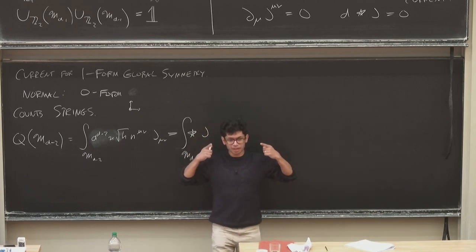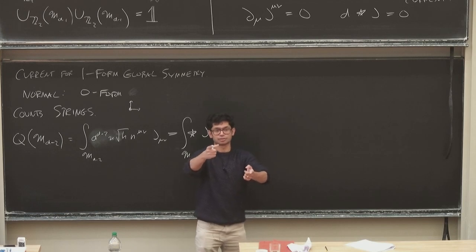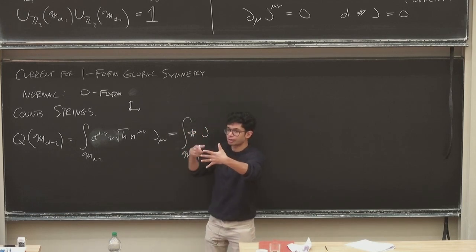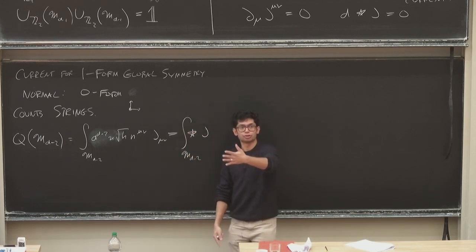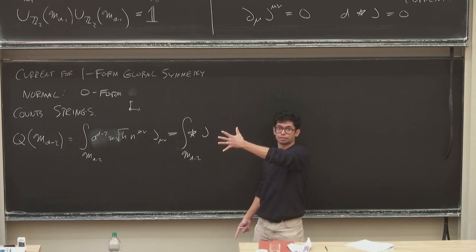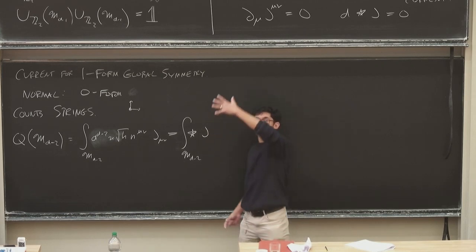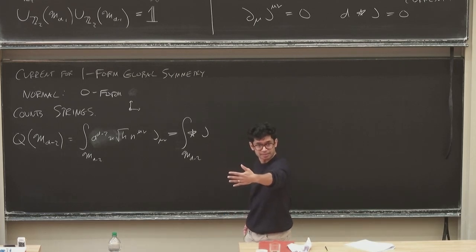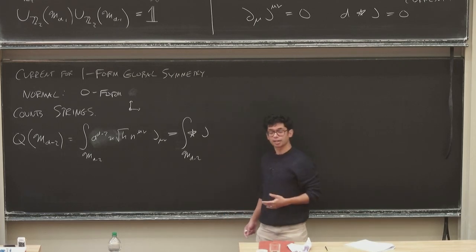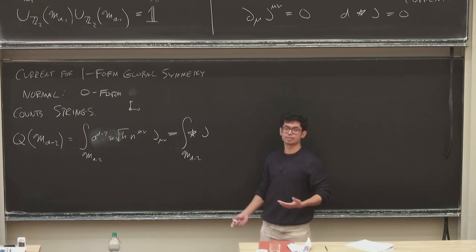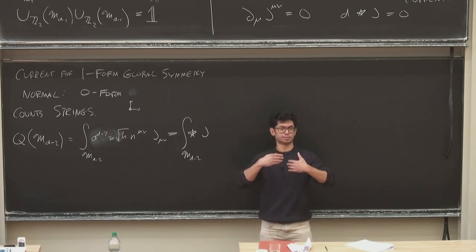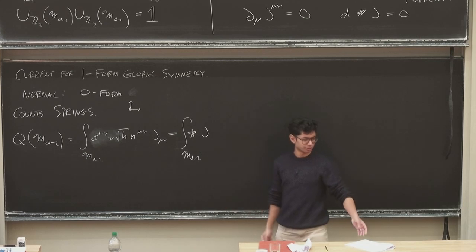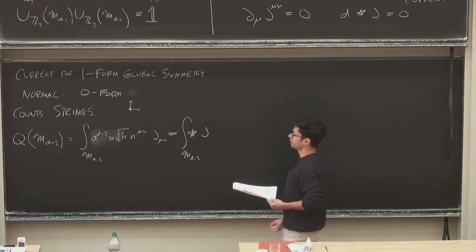But because you have strings, you no longer need to count the full volume because every string will poke through the blackboard. So you just need to integrate over the blackboard, which is a codimension 2 manifold, and then you can move that up in time and get the same answer, or you can move it forward in space and get the same answer. Because strings have one extra dimension, counting them involves doing an integral of one lower dimension. Does that make sense to everybody? Okay, good. I just want to draw a quick little picture of what I just said.